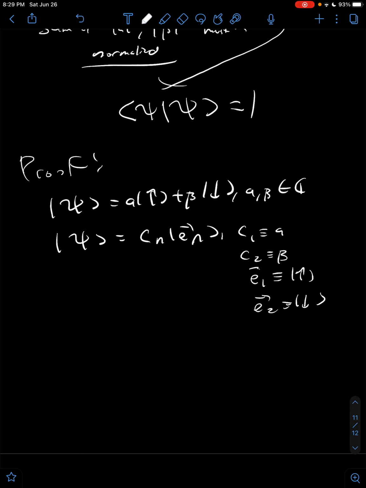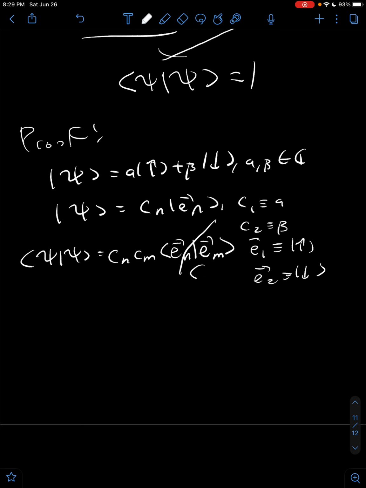So you can multiply the spinor by itself, which just equals Cn, Cm, En, Em. Now this just equals the Kronecker delta n, m, which is just 1 if m equals n.